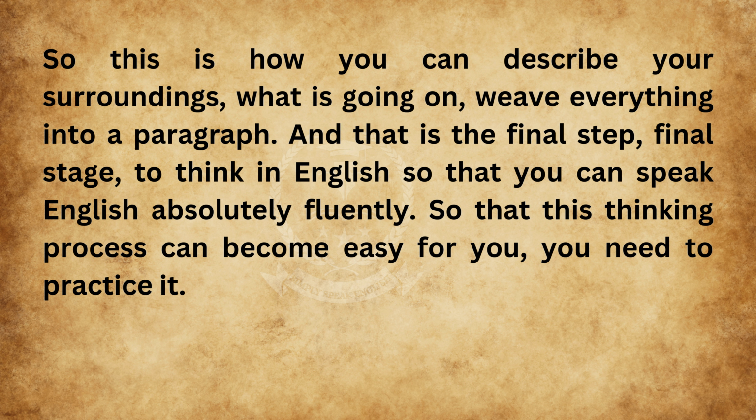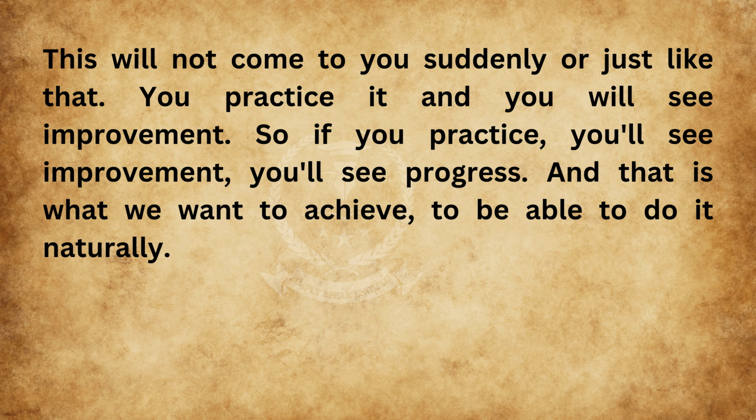So that this thinking process can become easy for you, you need to practice it. This will not come to you suddenly or just like that. You practice it and you will see improvement. So if you practice, you'll see improvement. You'll see progress.